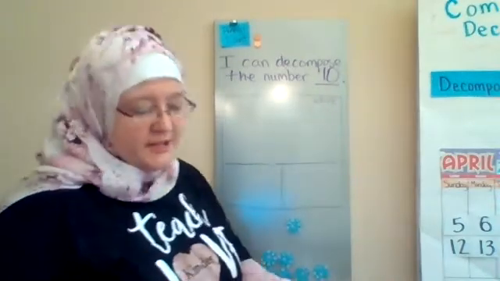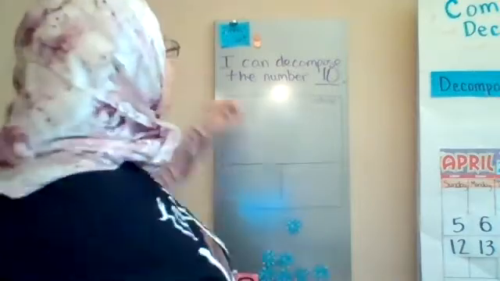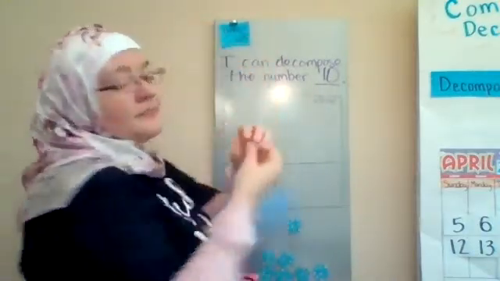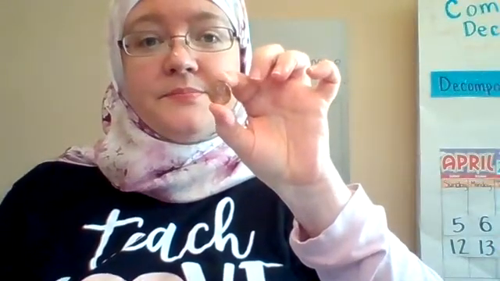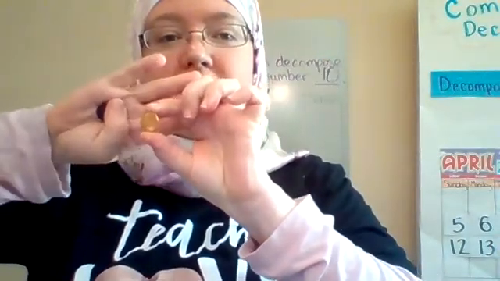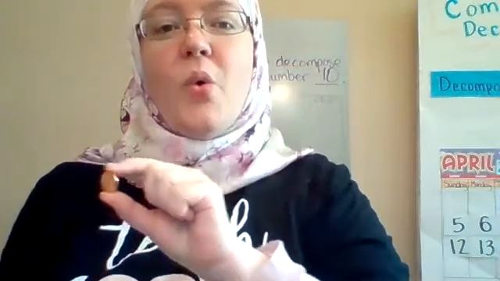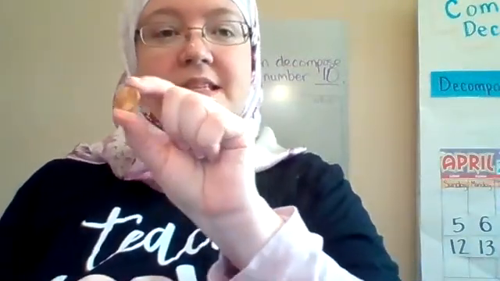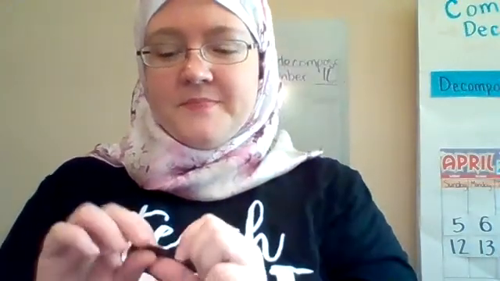I initially wanted to use pennies because pennies are worth 1 cent. Let's see if you can see that well. 1 penny is worth 1 cent. This is the front of a penny. There is a head.